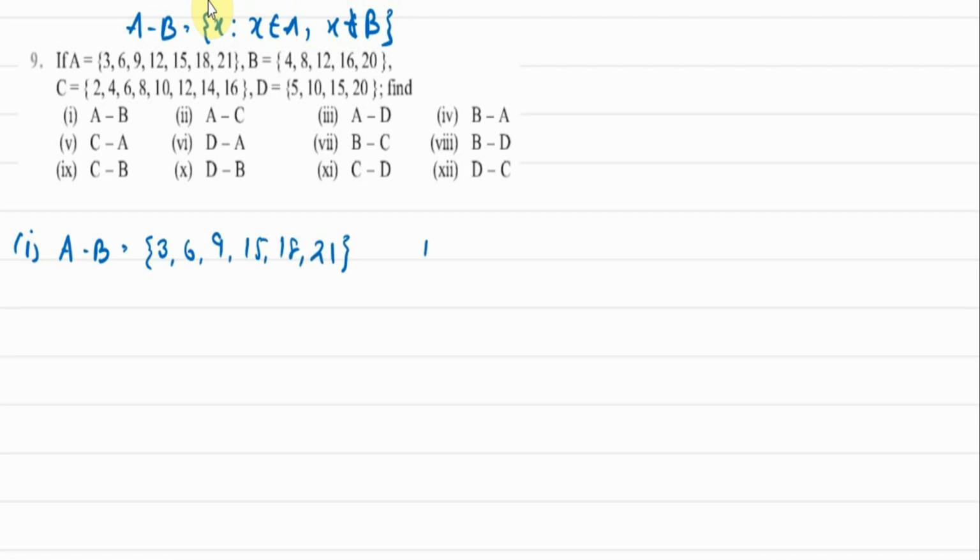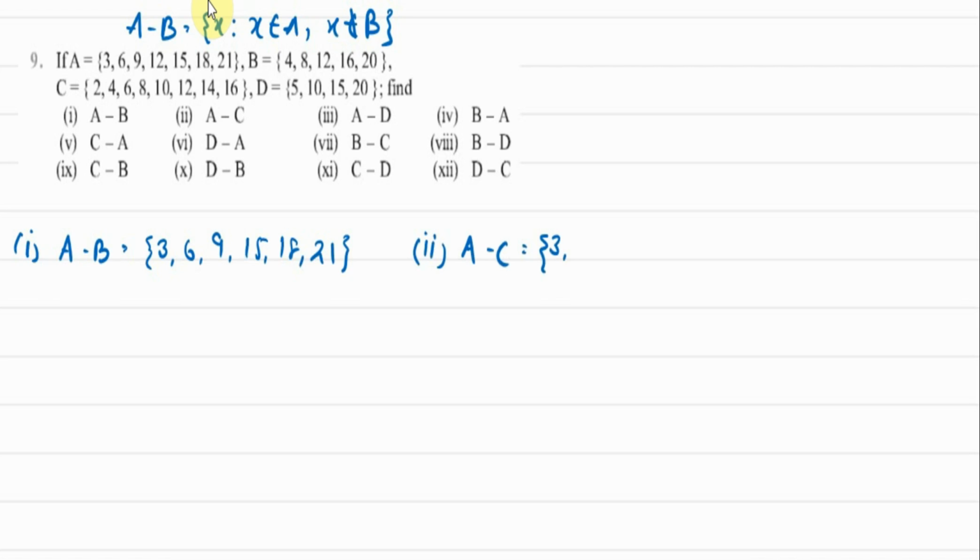Similarly, we have second part which says find out A minus C. That means we'll write the elements of A which are only present in set A but not in C. So now set A has 3. Set C does not contain 3. We can write 3 then. Then 6 is present in set C. We cannot write 6.